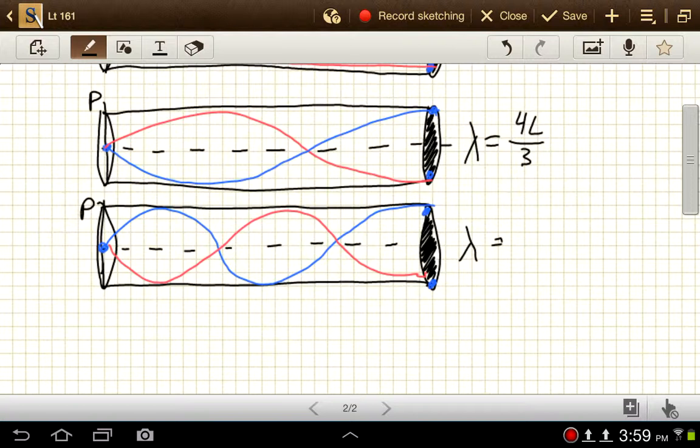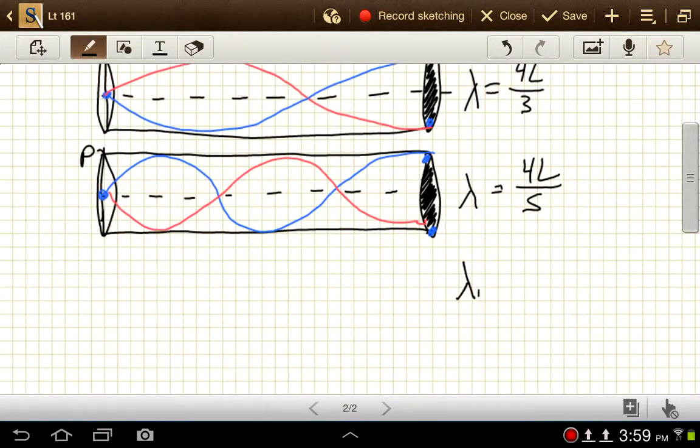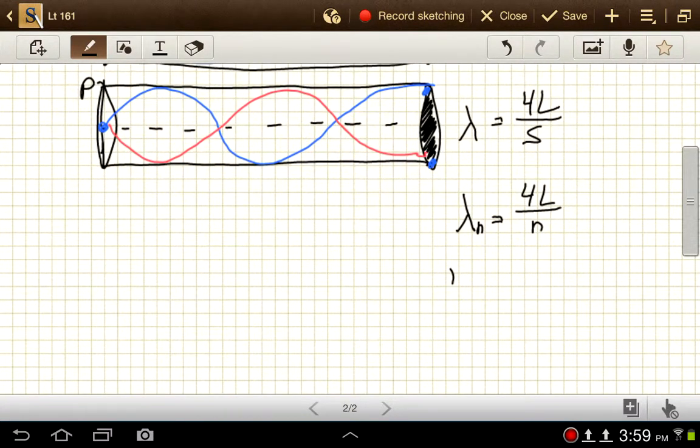I would need 4/5 of that distance L. And so in general, I can say the wavelength for the nth harmonic is going to be 4L over n, but I'm going to specify that n for this one has to be equal to 1, 3, 5, etc. So we say we only have odd harmonics on these pipes.